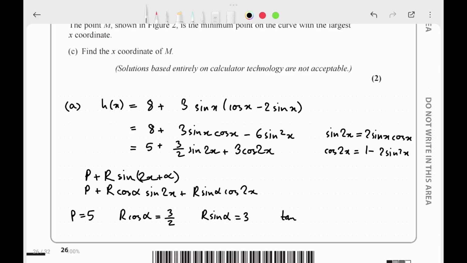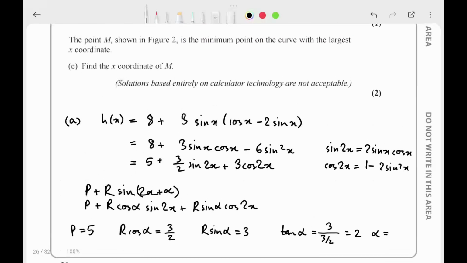So tan alpha is equal to 3 divided by 3 by 2, which is equal to 2. So alpha will be equal to 63.4 degrees.